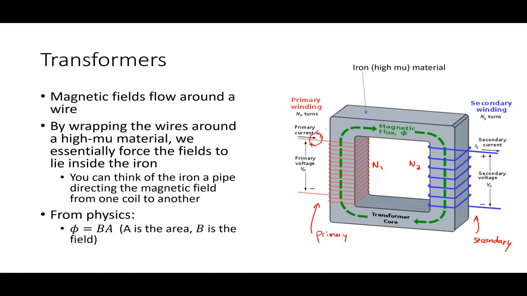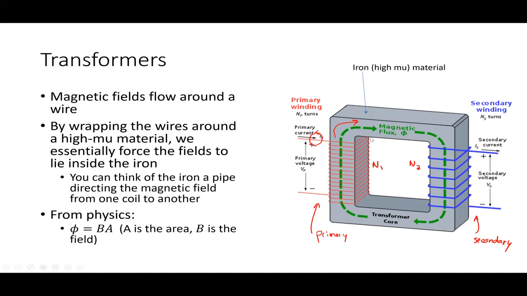Now, when the wire gets to this piece of iron, instead of flowing in a circle around the wire, the fields are going to be trapped to flow through the middle of the iron in the direction of this green dotted arrow.